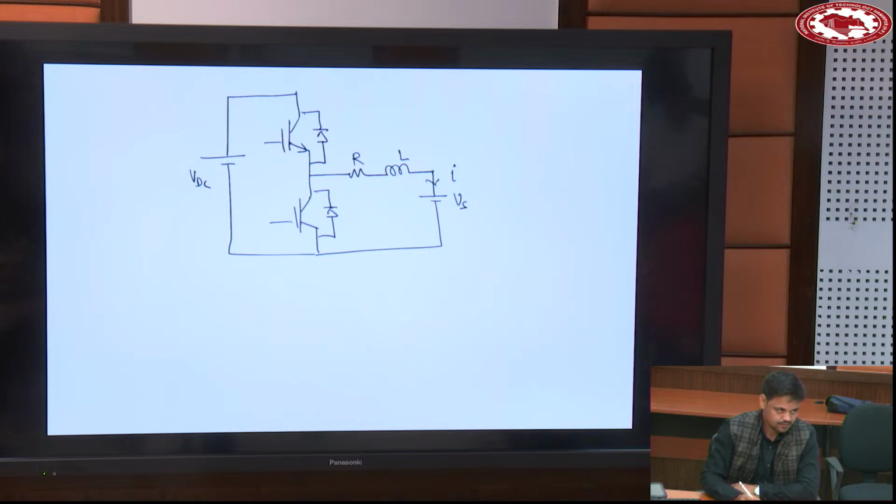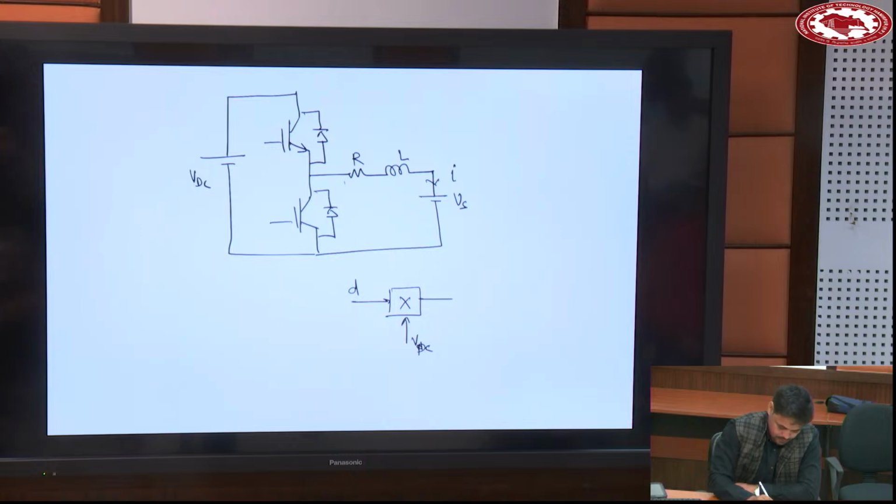What is the structure? The control model, it was shown in the morning. Input is D, then it will be multiplied by VDC.